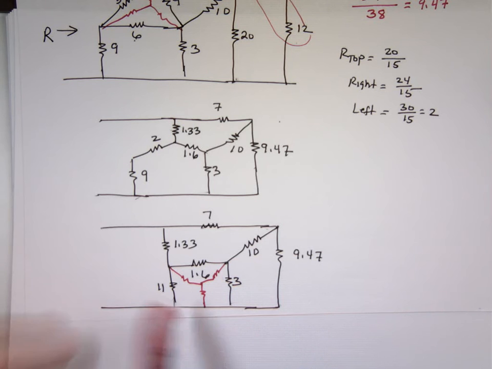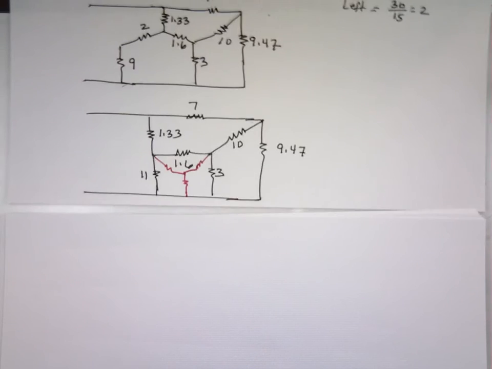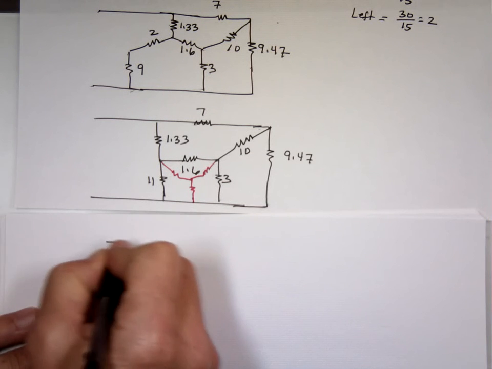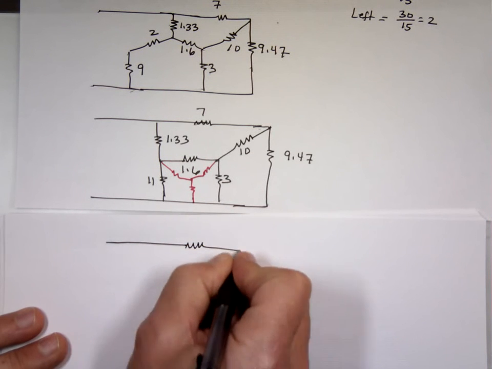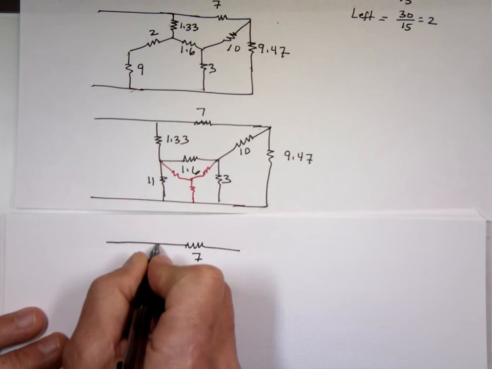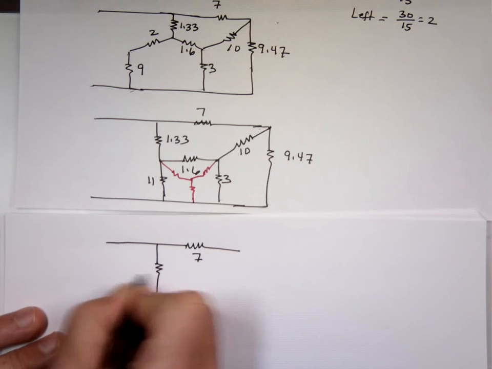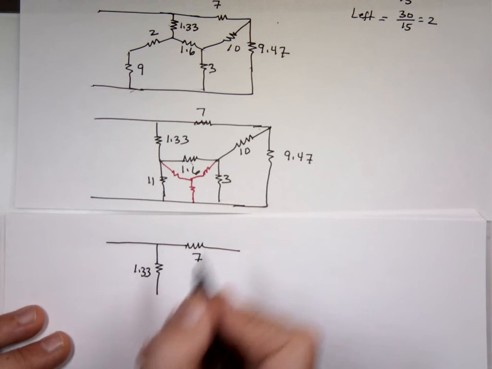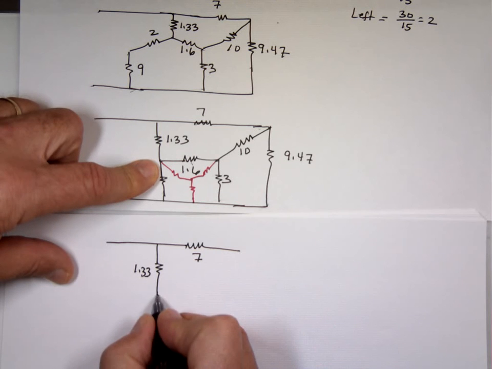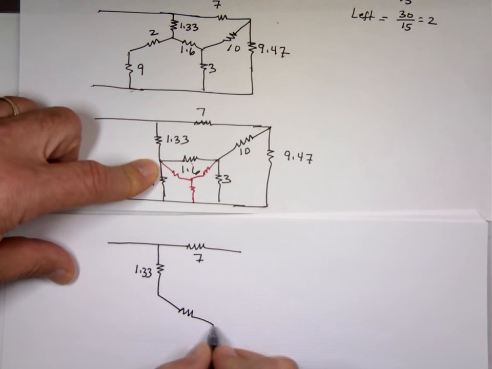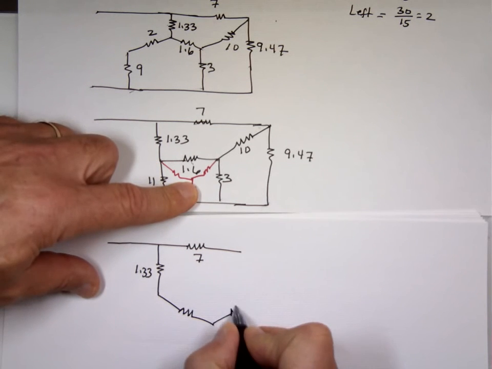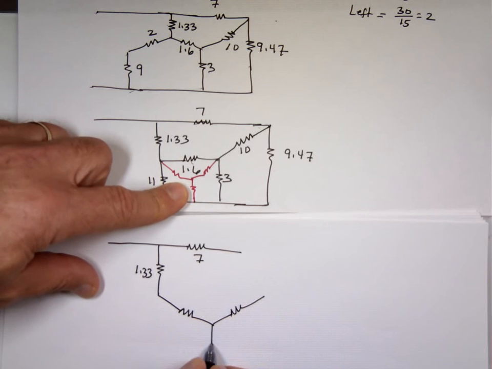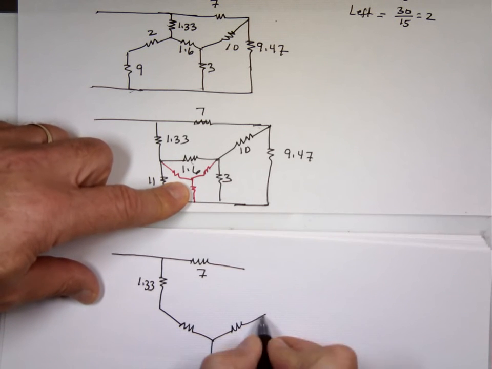So let's see what you're going to have. Now, that's 1.6, and this is, okay. So we're going to replace that with this value, that value, and this value. And from here, there's another 10 going up.